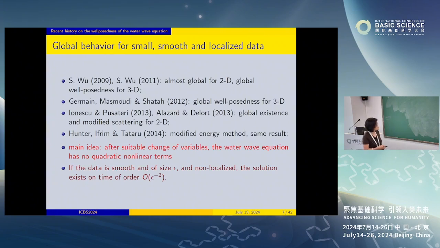Okay, same result. So the main idea of all this work is that for the water wave equation, after a suitable change of coordinates and variables, the equation will have no quadratic nonlinear term. So in other words, it's linear plus something cubic, and we're dealing with something small. So it's really a much smaller perturbation of the linear equation.